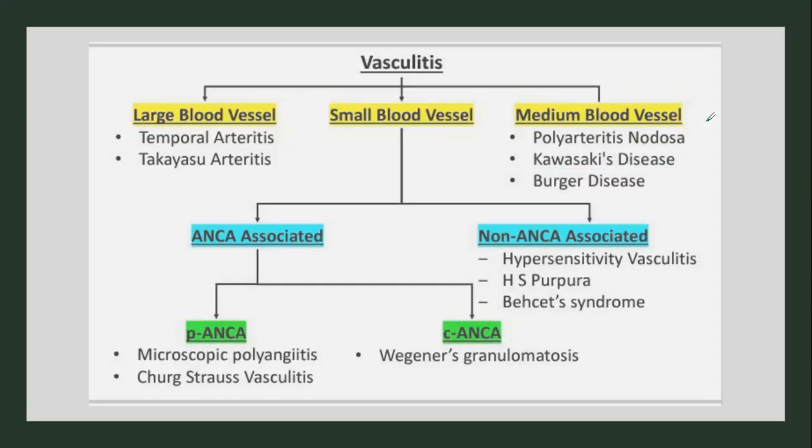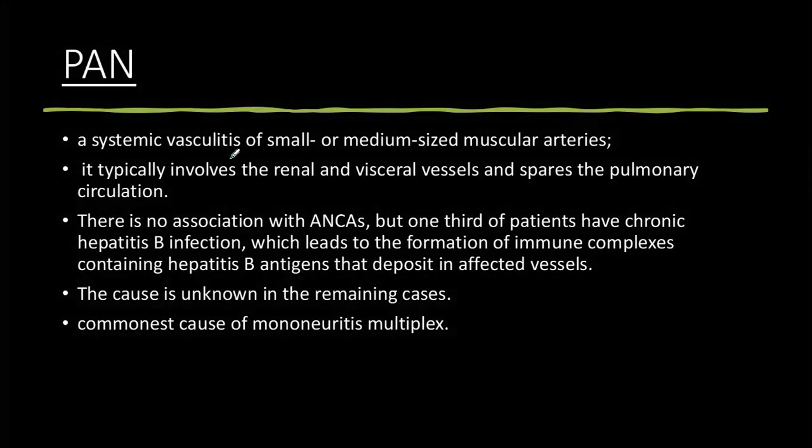Now, PAN is a systemic vasculitis of small or medium-sized muscular arteries, note that. It mainly involves the renal and visceral vessels, but of interest, it spares the pulmonary circulation, okay? Even if there is involvement of the renal vessels, there is no glomerulonephritis. It has no association with ANCA, okay?